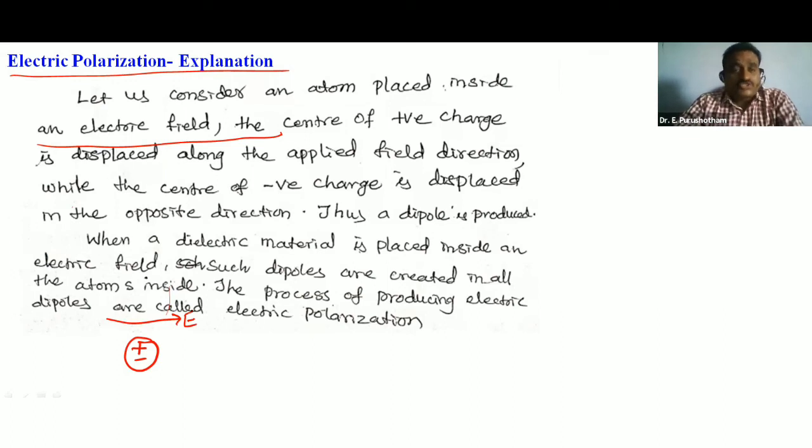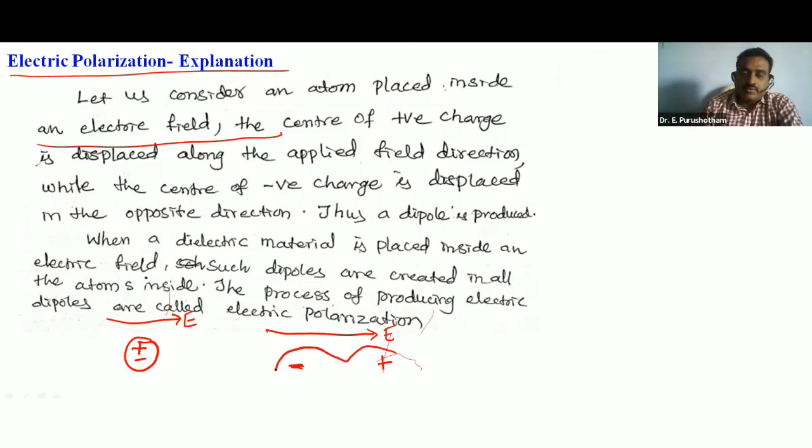The center of positive charge is displaced along the applied field direction. Assume this is the electric field direction. So the positive charge moves along the field direction and the negative charge moves opposite to the field direction. So this is the dipole. This process is called electric polarization.